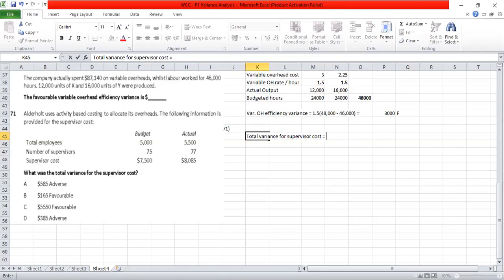Okay, so budgeted supervisor cost minus actual.